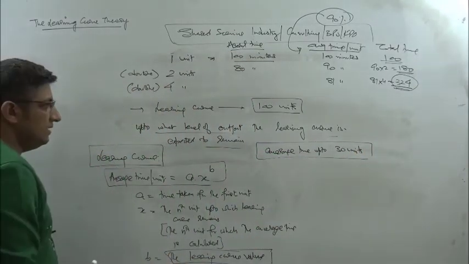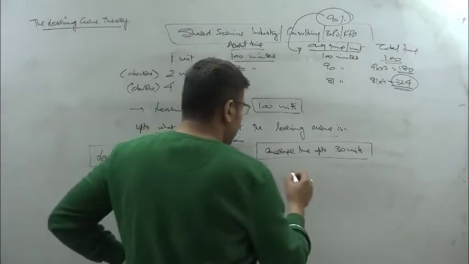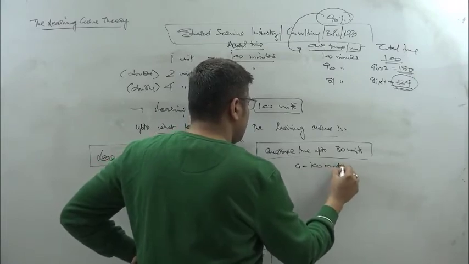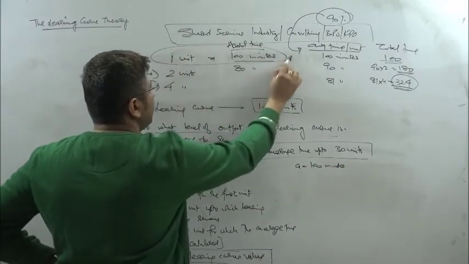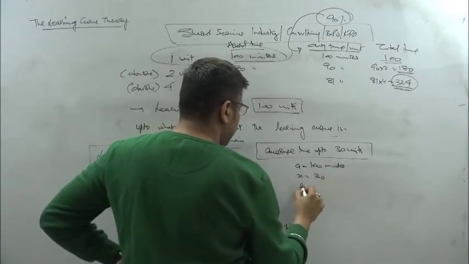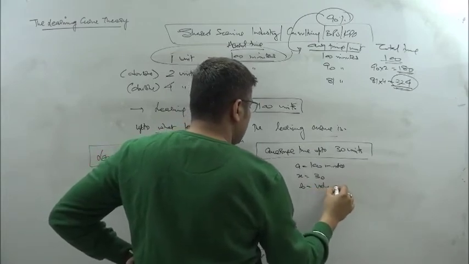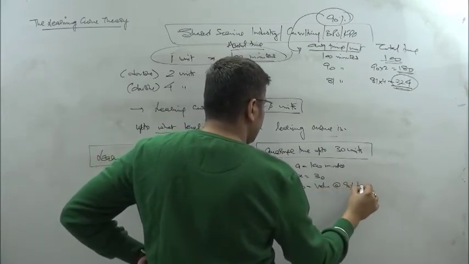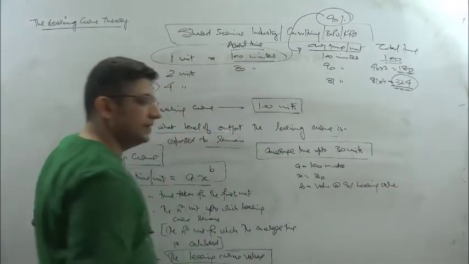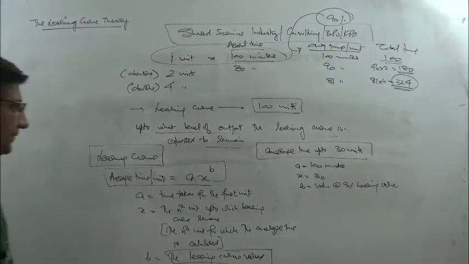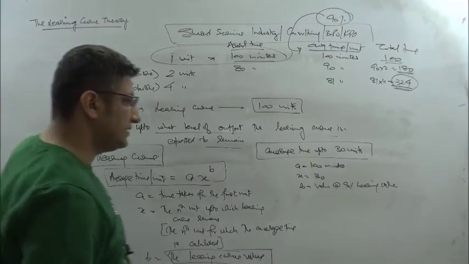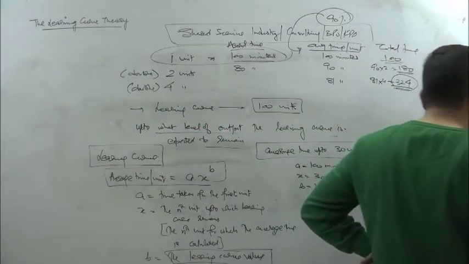So my average time up to 30 units would be: a is 100 minutes, that is the time taken to make the first unit. x refers to 30 and b refers to the value at 90% learning curve. Is it okay? Right? So the way we calculate is we need to place the numbers here.